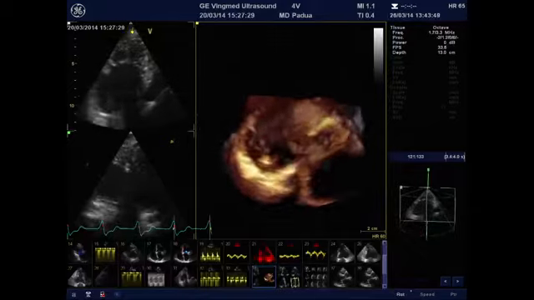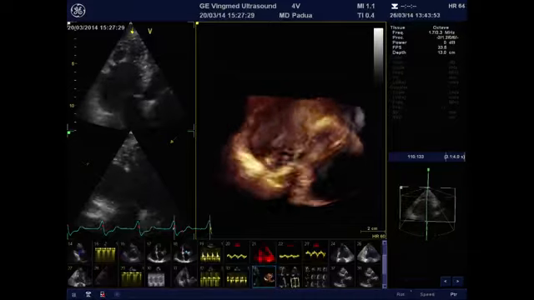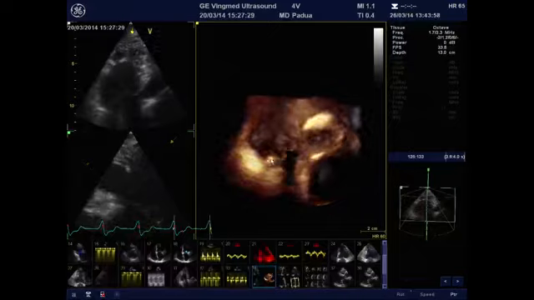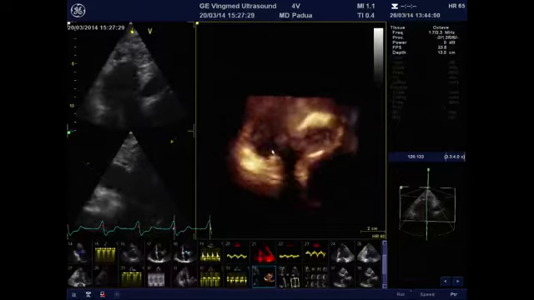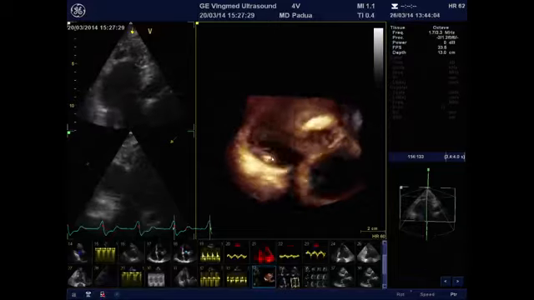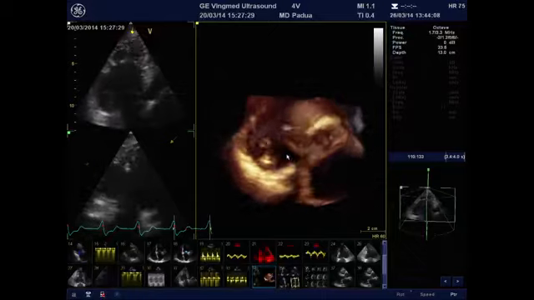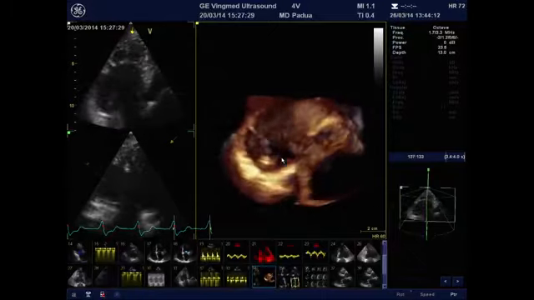And then you can identify this highly reflective echo that is the pacemaker catheter, which is in the commissure between the septal and the posterior leaflet of the tricuspid valve, so it's in a correct position and it's not interfering with the motion of the leaflets, as it may occur.